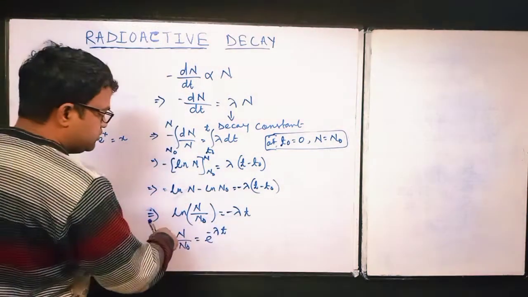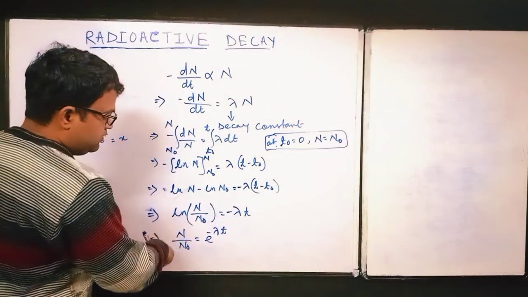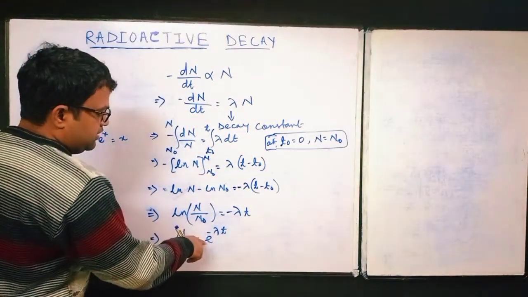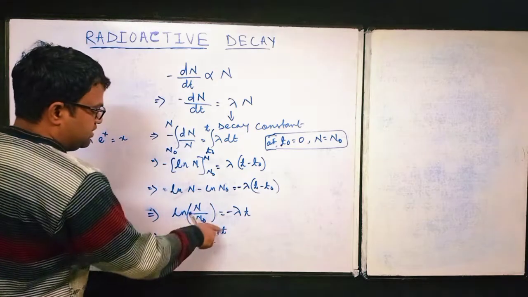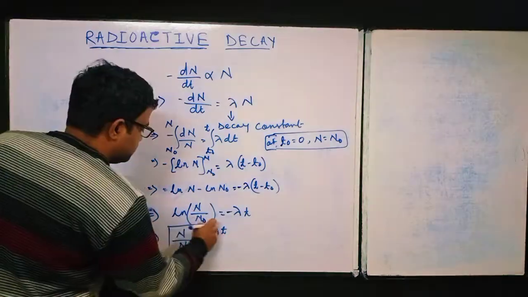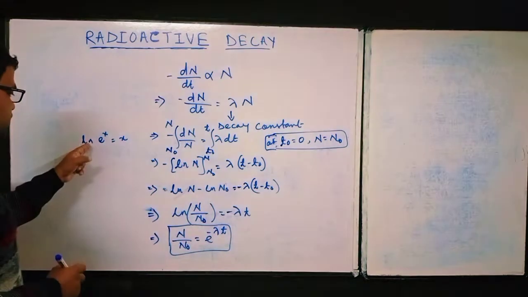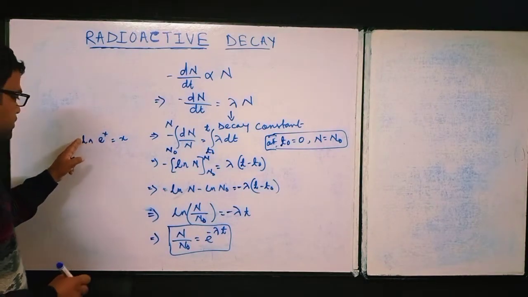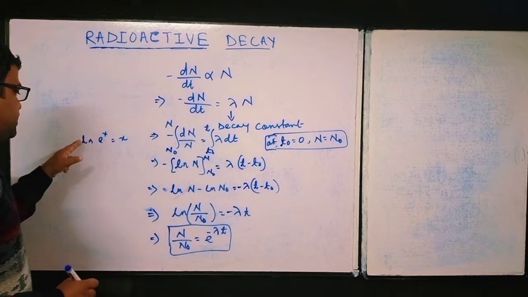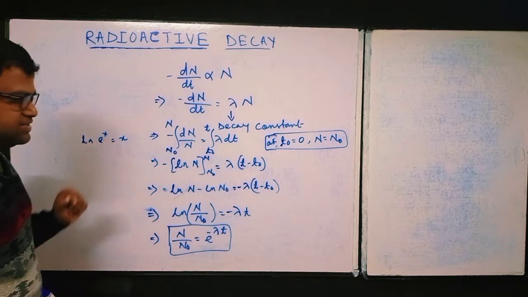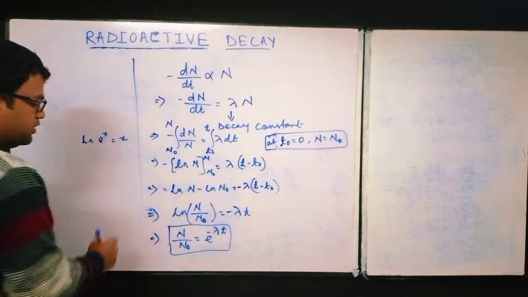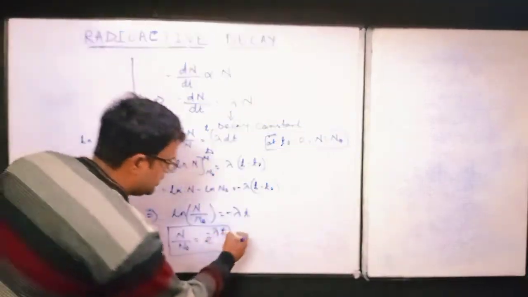Because if I use ln on both sides, it will be ln n by n0 and ln e to the power minus lambda t is minus lambda t. So x will come here and ln e is 1, so ln e to the power x is basically x, right?